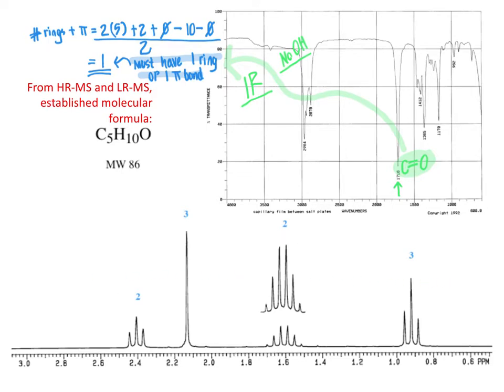The three pieces of information that we will always focus on when looking at NMR data is the chemical shift. That is where the signals are along the x-axis, because that gives us an indication of how close those particular protons are to an electron withdrawing group. We will also look at the integral for each signal.